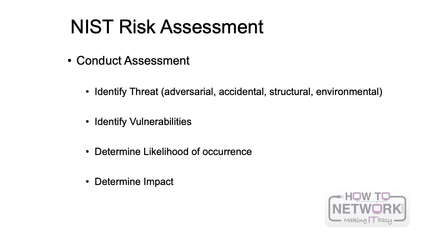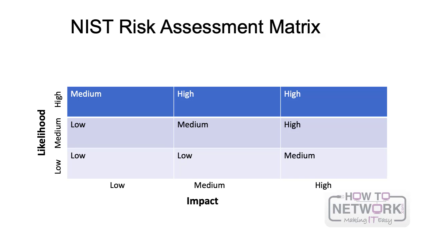Now, you use likelihood of occurrence and impact to determine the risk based on this matrix right here. So you have the likelihood being measured from low to medium to high, and the impact being measured from low to medium to high. And then you combine those in order to determine the risk.